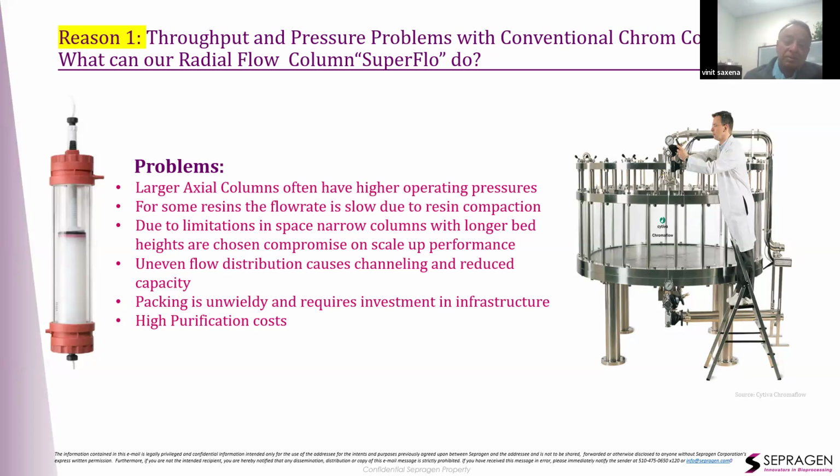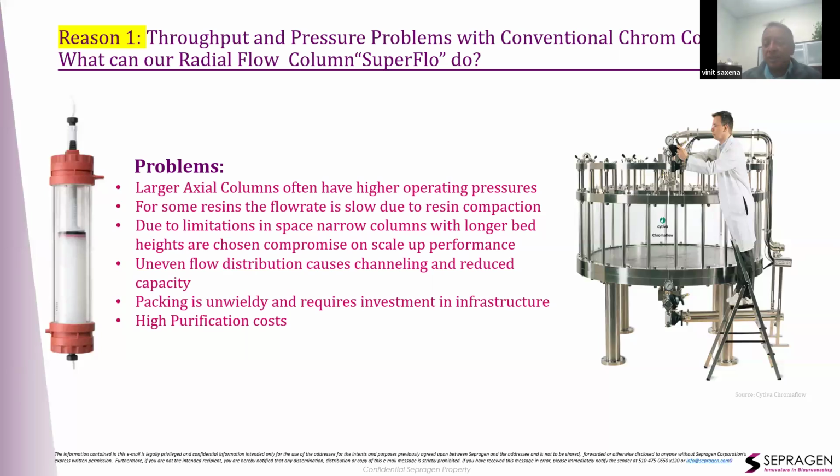So then you run into problems of overpressure. Or if they say, well, we have this other big, large column lying around, let's use that. Now you've got distribution problems, uneven flow distribution, channeling. And then packing these columns is unwieldy and requires big packing scale.